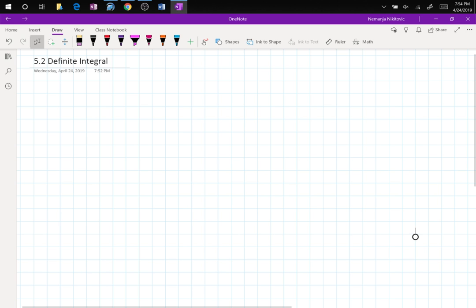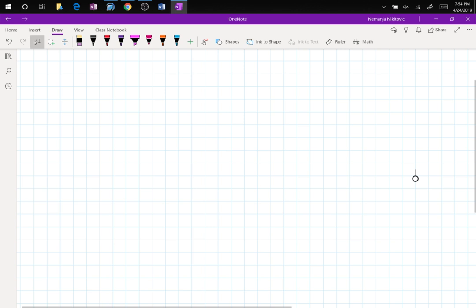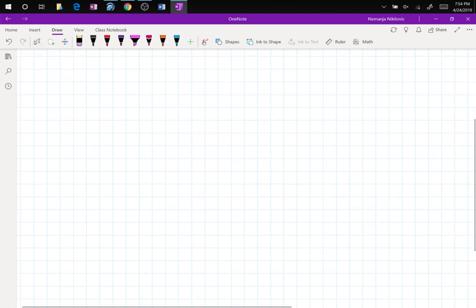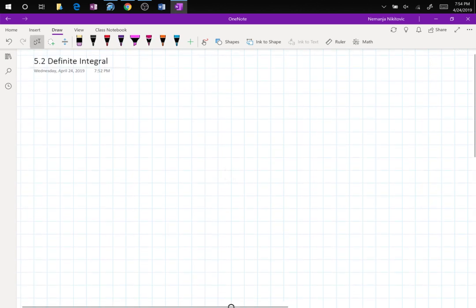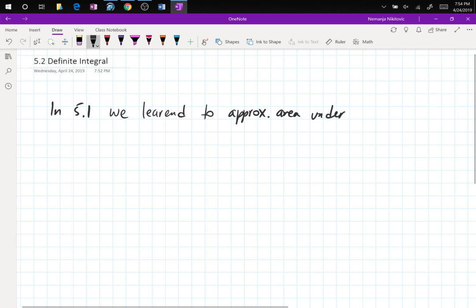What do we have? In 5.1, we learned to approximate area under the curve by creating the left rectangles, right rectangles, whatever, right?